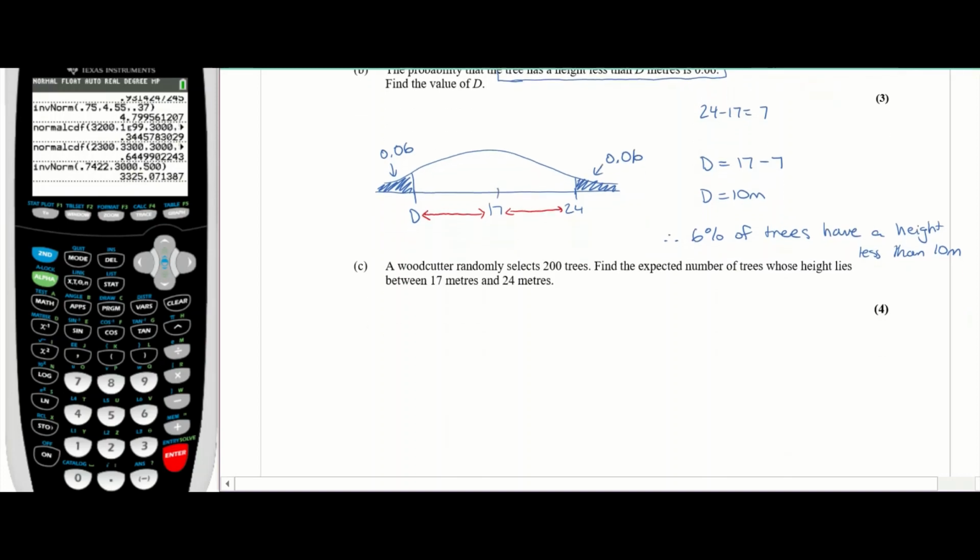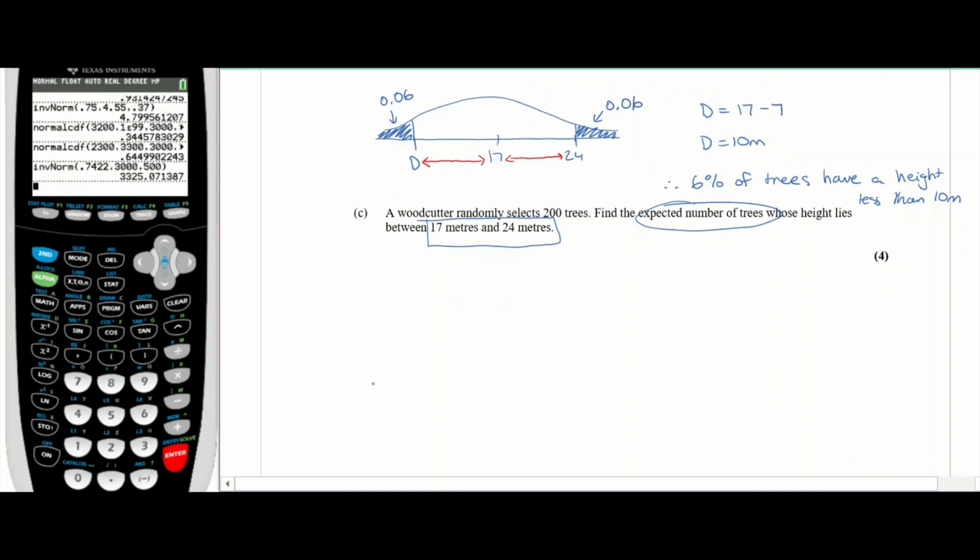And the last part combines some nice skills that are important to know. So in this last part, first of all, we need to find a number of trees. So this is no longer a probability, it's actually a number of trees, and we need to find it within a certain range of heights. So we're going to use the information we had from the previous question.